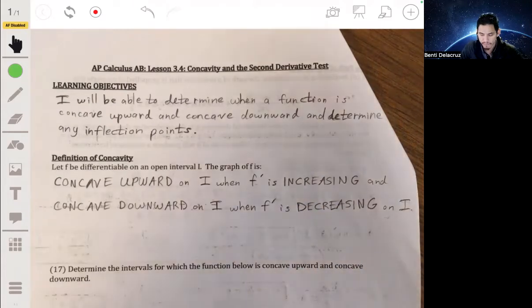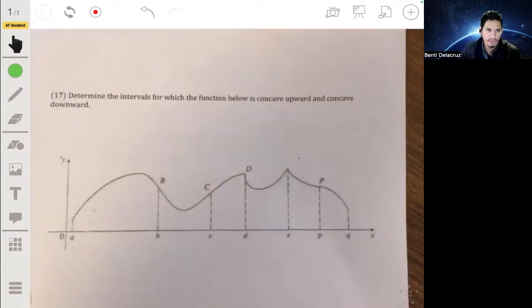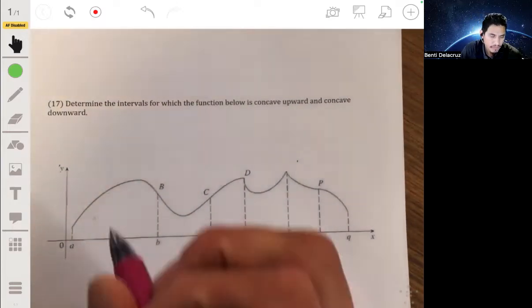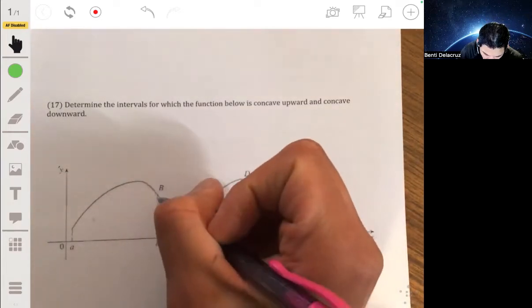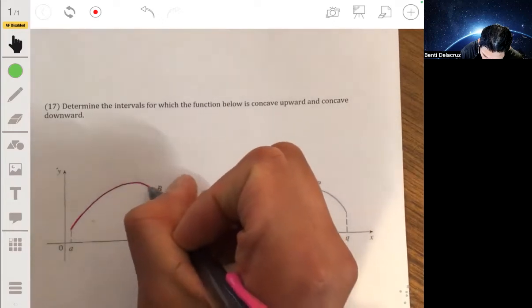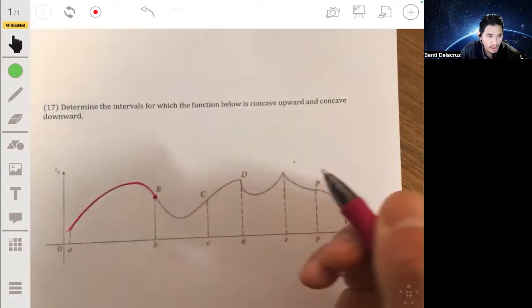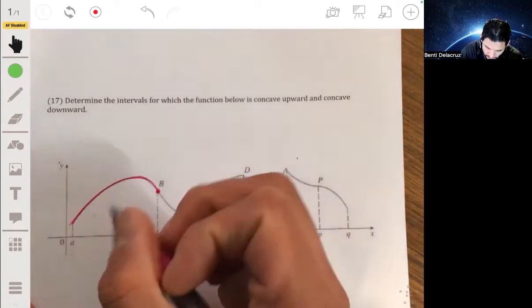So let's look at this graph and get a good understanding of what it means to be concave up or concave down. When we say concave down, we're talking about this first region, this whole part right here, up to this point B. This part is all concave down.